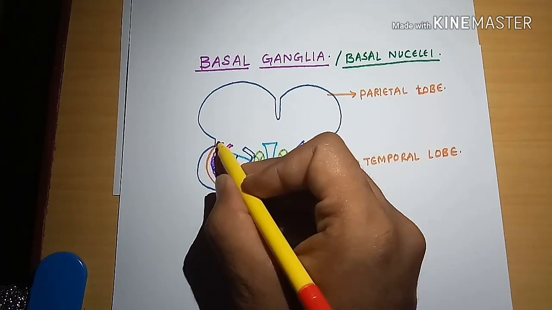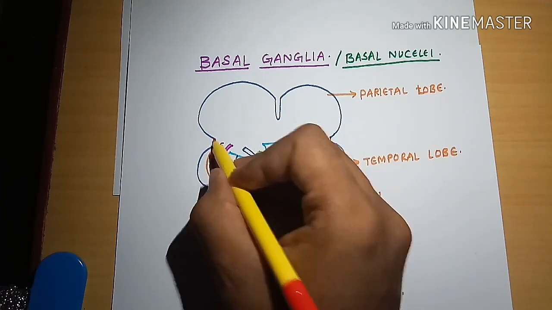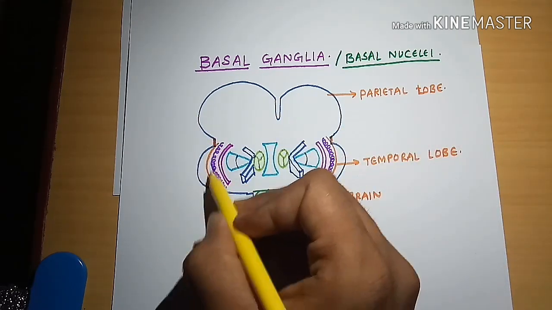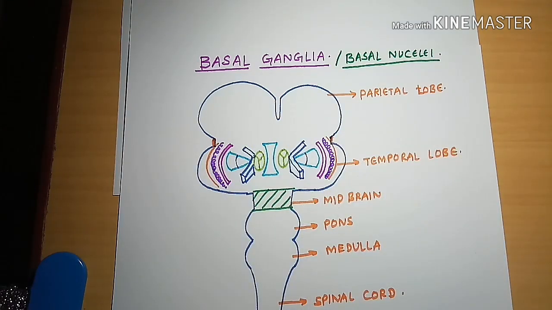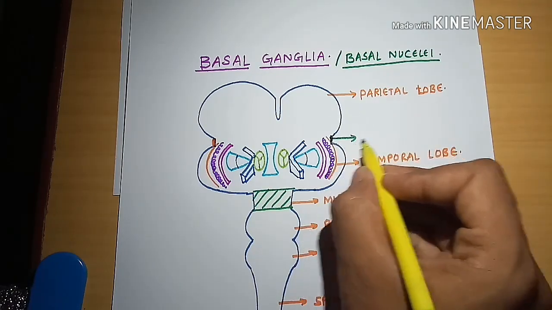More lateral to the extreme capsule, between the parietal lobe and the temporal lobe, is a mass of gray matter called the insula.